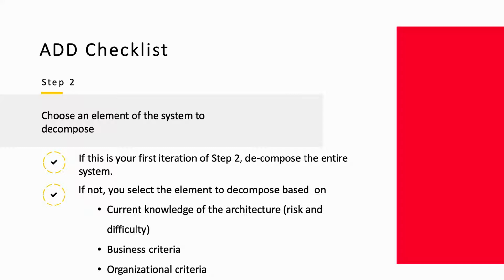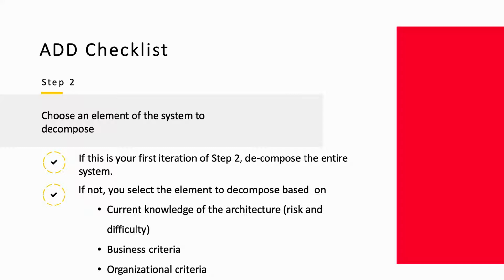So this is where you make sure that you're decomposing each of those elements with the business criteria in mind, as well as the organizational criteria. What that means is you don't want to start creating something unless you understand what is available for you.